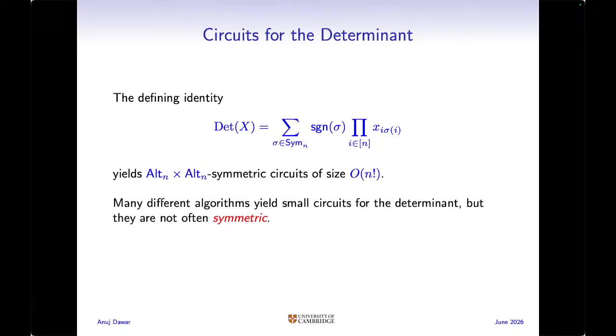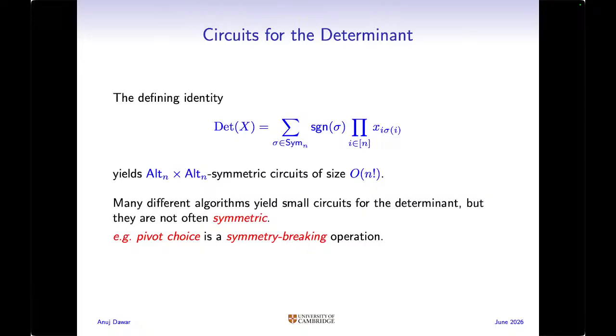In particular, in Gaussian elimination or similar, you have a choice of pivot. In other words, you choose at any stage a row which you're going to pivot. That's a symmetry breaking operation. You're treating one row differently from the others. In principle, you could try all rows in parallel, because you know it's not going to make a difference, and you can get a symmetric circuit that way, but it'll be of exponential size.